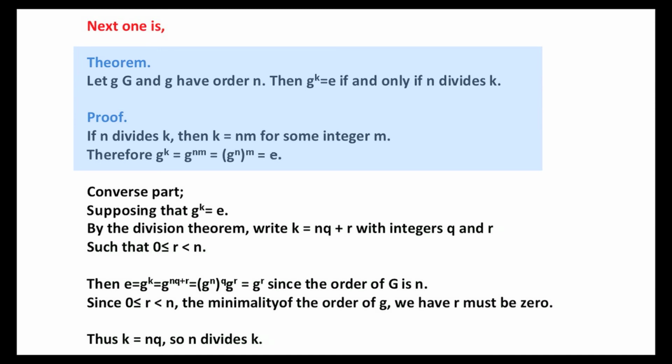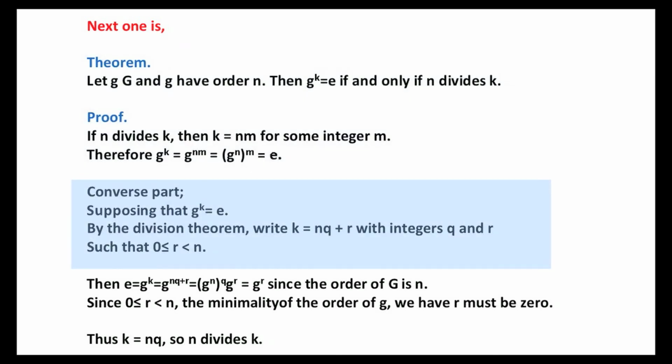Therefore, g to the power k is equivalent to g to the power nm, which is equivalent to g to the power n the whole power m, which is equivalent to E. Converse part: suppose that g to the power k is equivalent to E. By the division theorem, write k equivalent to nq plus r with integers q and r such that 0 is less than or equal to r, which is less than n.